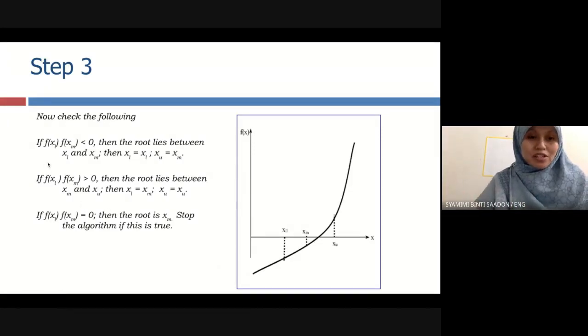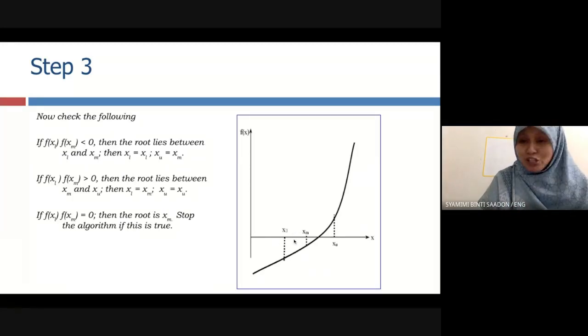So the first condition is if f(XL) multiplied by f(XM) is negative, then it means that f(XL) and f(XM) change signs. Then the root lies between XL and XM.